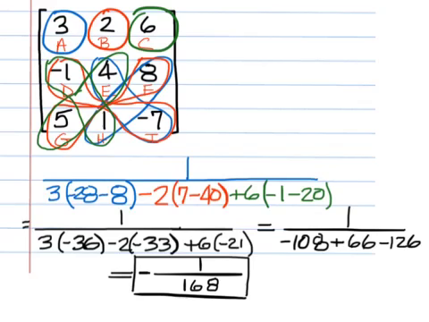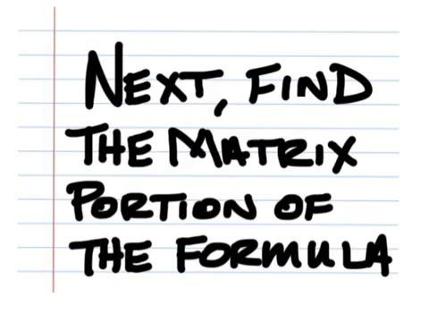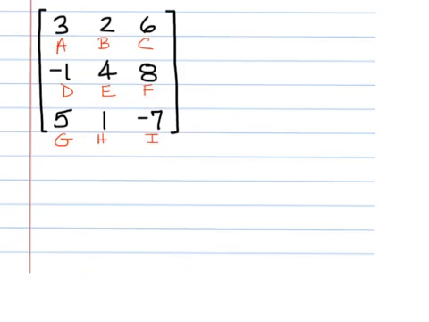And you should come up with -1/168. -108 plus 66, and then -126. -1/168 is the fraction. So save that, and we're going to come back to it after we get finished with the matrix. Next, find the matrix portion of the formula.